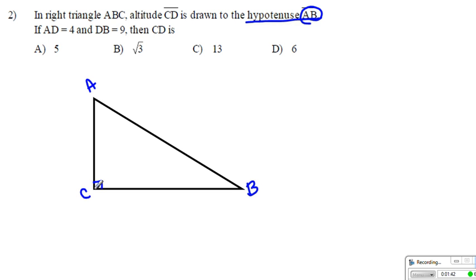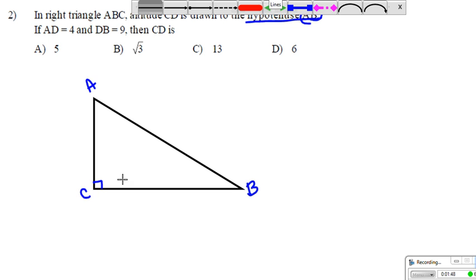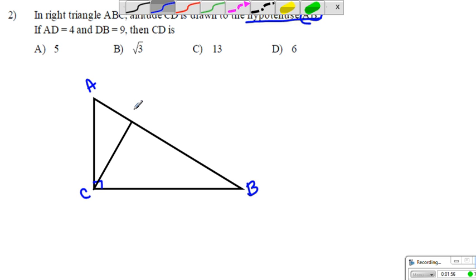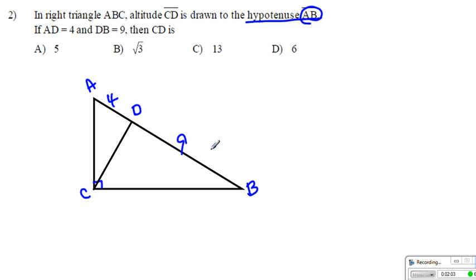Now, the altitude is drawn around here, let us say, so that AD is equal to 4 and DB is equal to 9. We want to find out the CD, which we can call X.